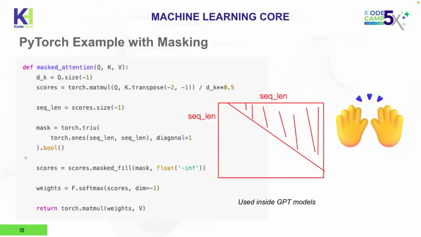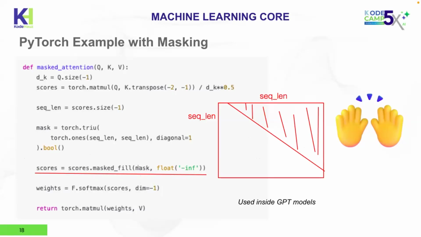So you now use the masked fill, which is this function, to fill anywhere that you have one with minus inf. Minus inf is negative infinity.